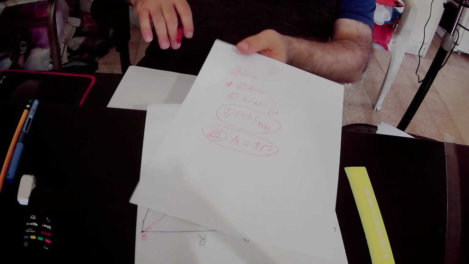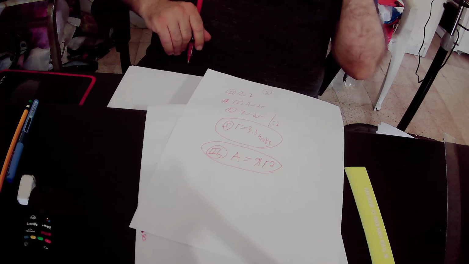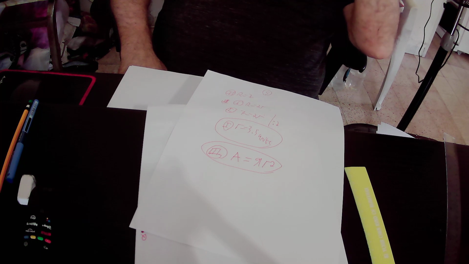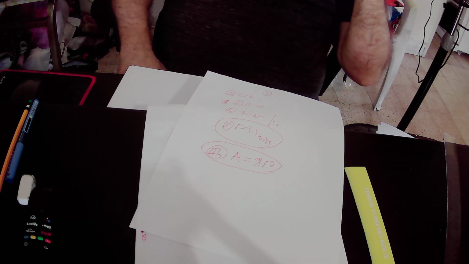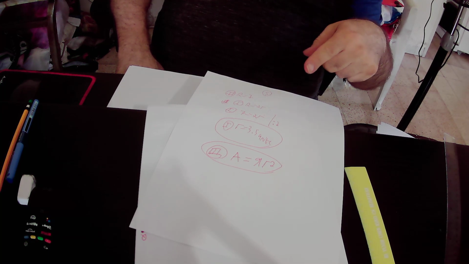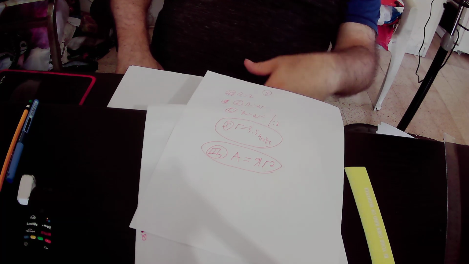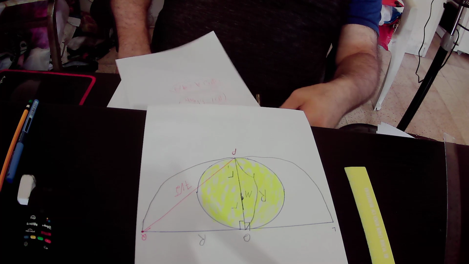So this is the formula for the area of a circle. A equals pi times the radius square. But we know that the value of r is 3.5 units, so we can substitute r in the third equation by 3.5 units.